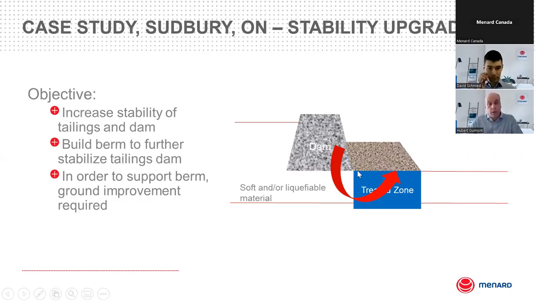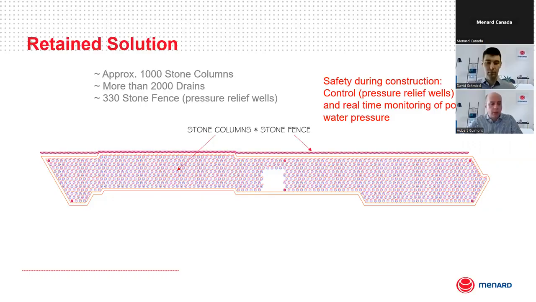There was a liquefaction issue, and of course, we wanted to increase the stability factor for the existing dam. So the solution we came up with, working with the consultant on that job, was a combined solution, as I said, of stone column and wick drain too.